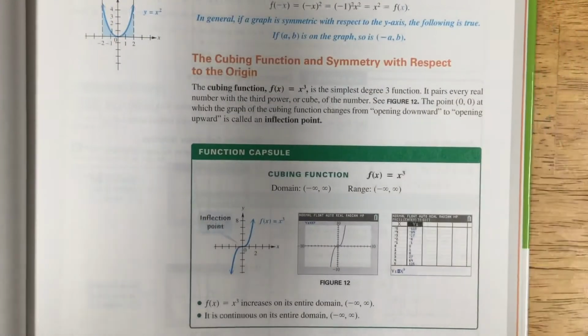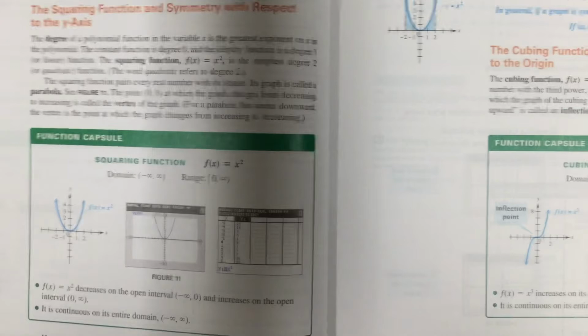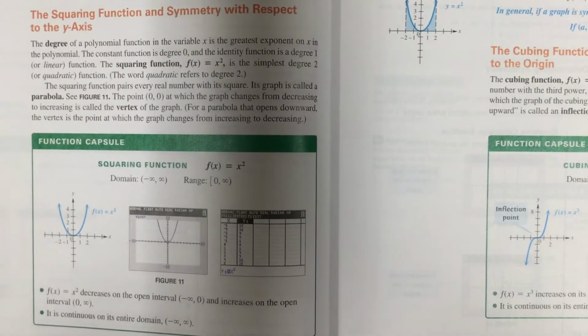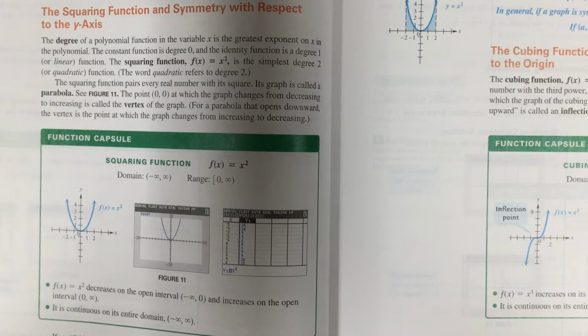Alright. So, on this particular graph, something interesting happens. This is where we get into what we call symmetry.